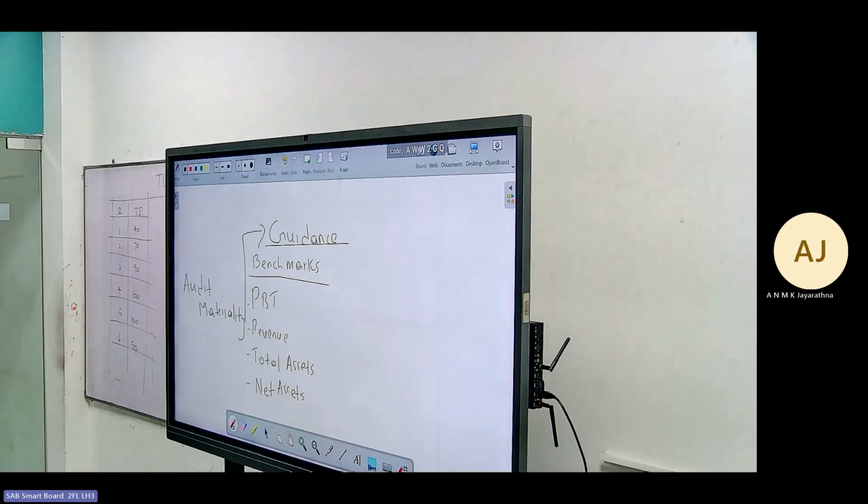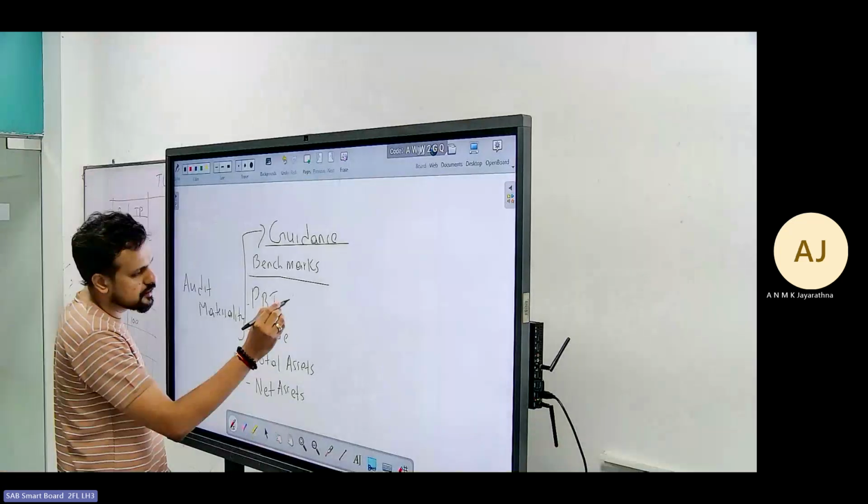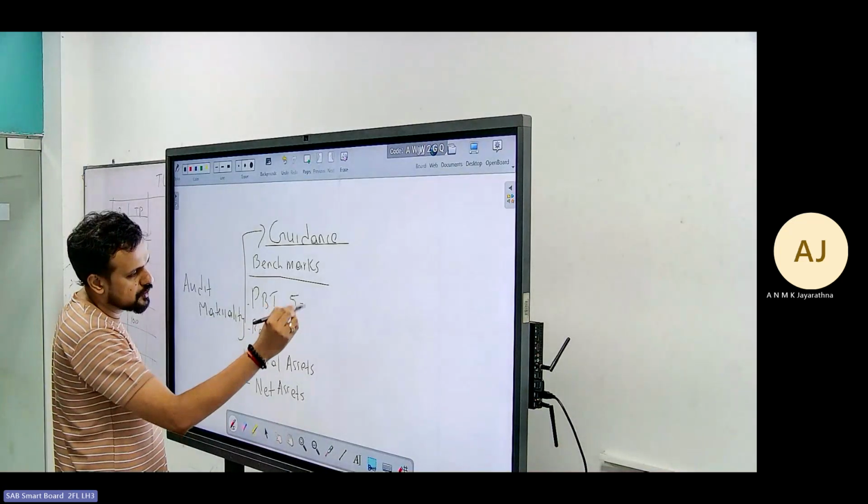Okay, that is one. In this, the basis is like a percentage only. The standard has not given a fixed percentage. The standard has given a range. In that range, you can select 1% based on judgment. If you take profit before tax, 5 to 10%.